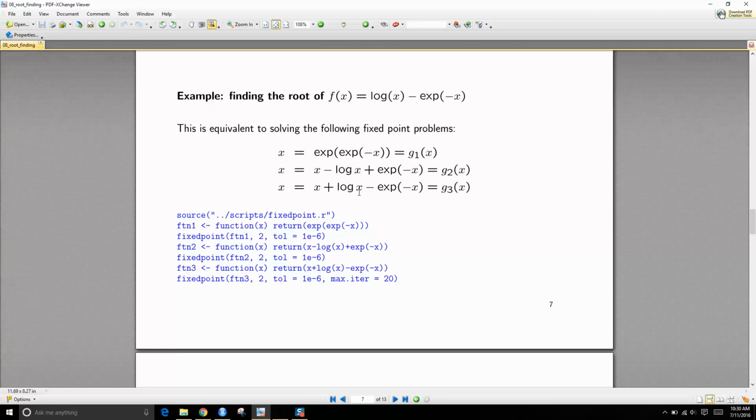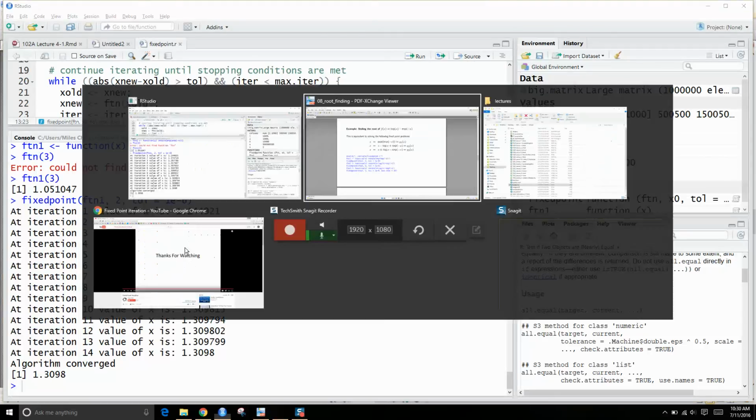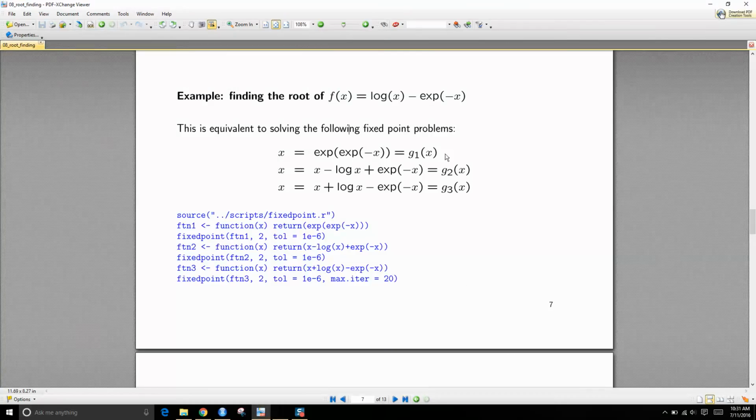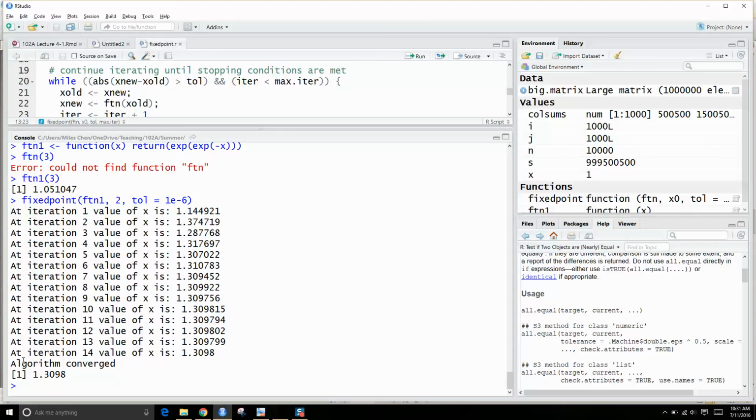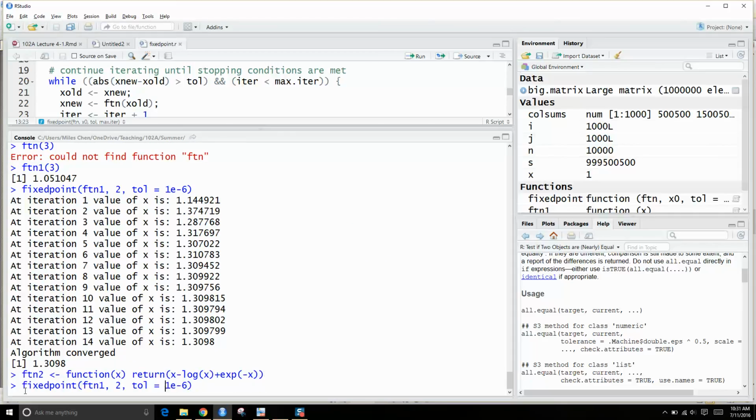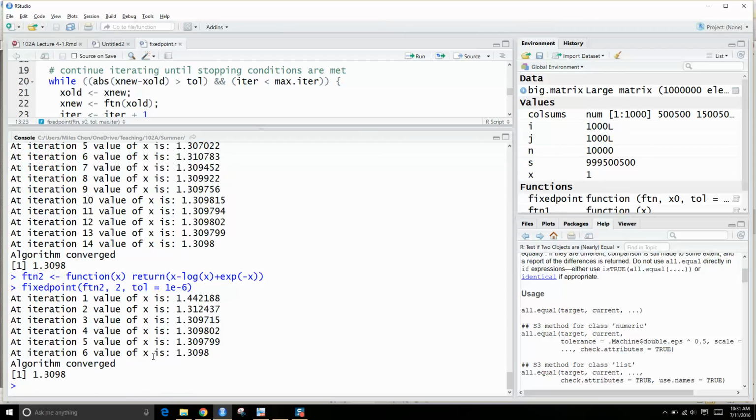And so if I use function 2, which is g of x equal to x minus log x plus the exponent of negative x, I've got that, okay? And we can just run the same calculation here using function 2 with a tolerance, and here it converges after 6 iterations, okay?